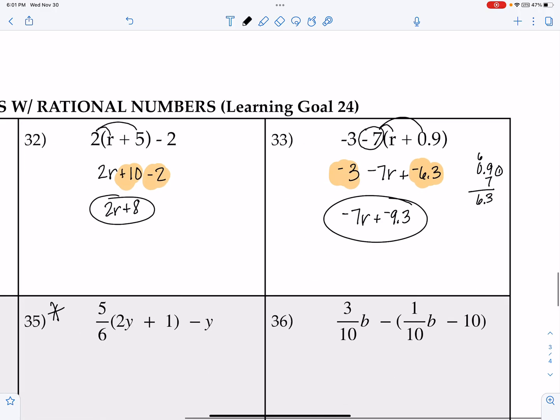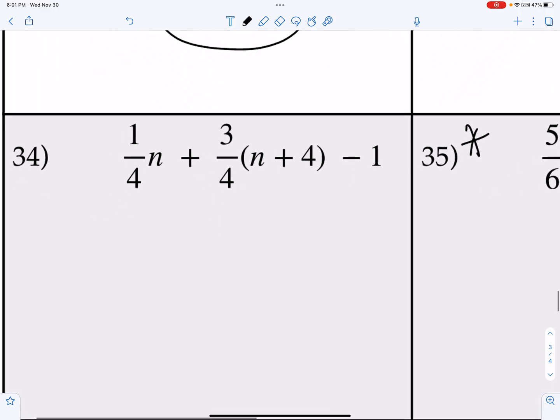Okay. All right, on to number 34. First thing I see is this distributive that has to happen. So I'm distributing the 3/4 to both of those. So I have 3/4 n plus 3/4 of 4. I can do that on the side, or maybe you just know that.